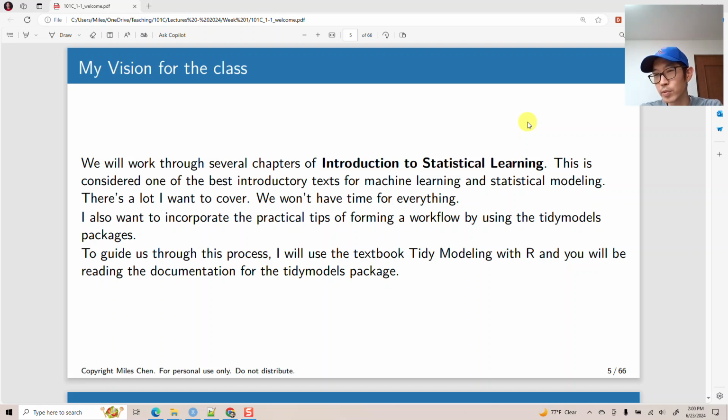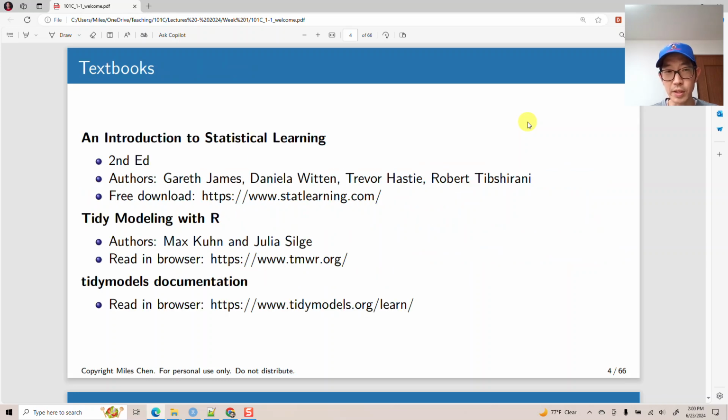And so what you learn in tidy models, if you choose to use Python and sklearn in the future, a lot of those concepts will translate over. Of course, the commands and exactly what you need to write and how you do it will be different, but a lot of the concepts will carry over. So I don't think learning tidy models is a bad thing or anything that you're going to be losing time on. Let me go back a few slides.